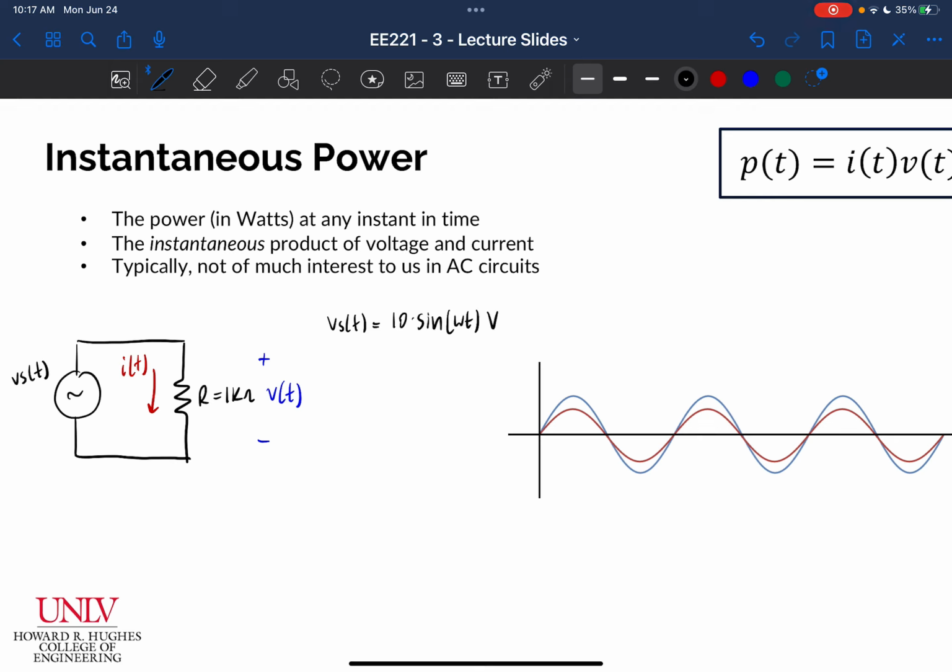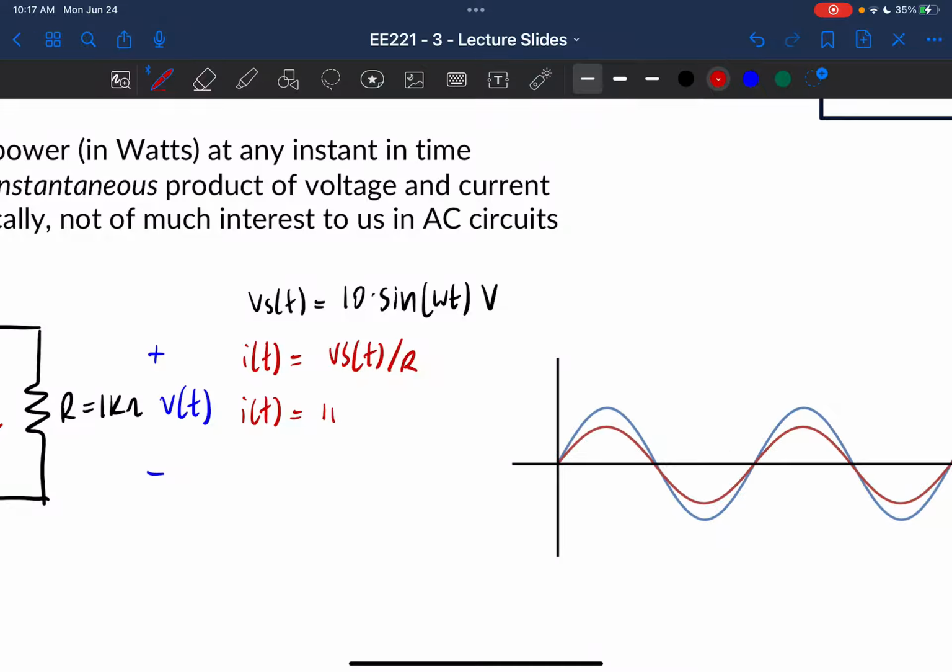If that's the case, 10 sine of omega t volts across a 1K resistor means my I of t is going to be Vs of t divided by R. So I of t is 10 divided by 1K, or I can just say 10 times the sine of omega t milliamps, right? So that's my voltage and that's my current.